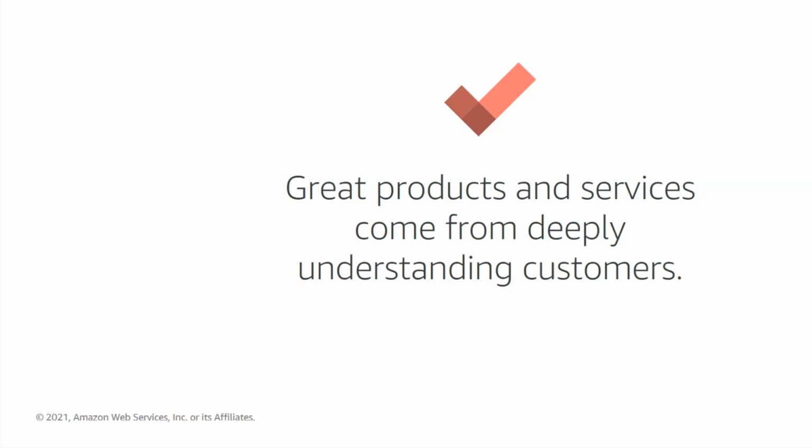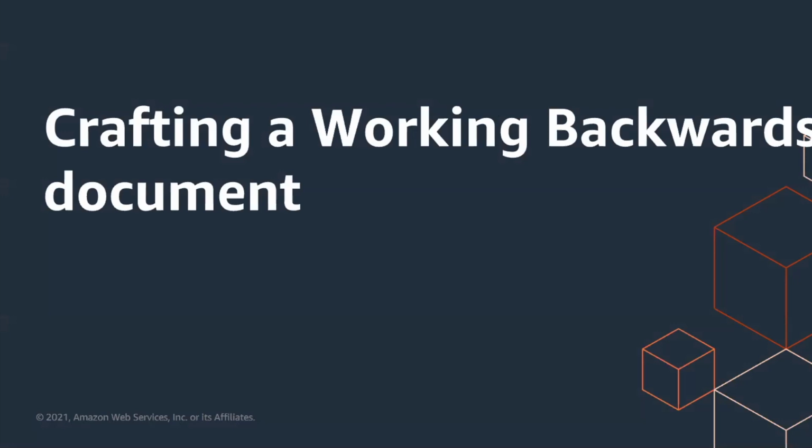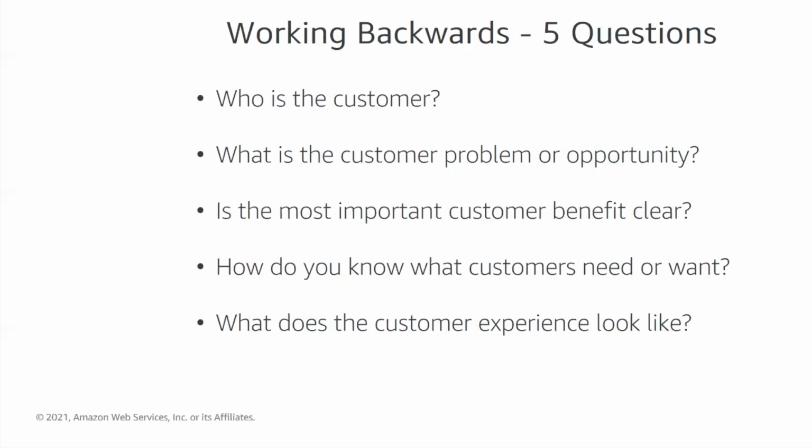At Amazon, the working backwards process starts properly, in terms of the effort that you have to invest, after having arrived at a clear need that you want to solve for a customer. And this is where you start to craft your working backwards document. In this document, you start by addressing these 5 main questions first.